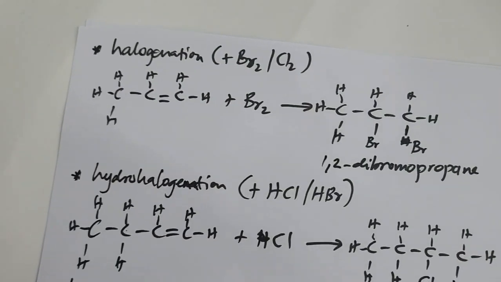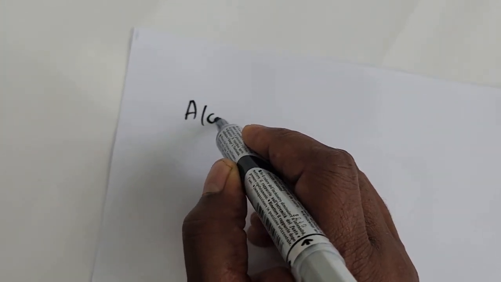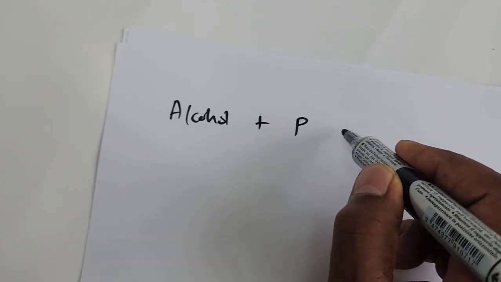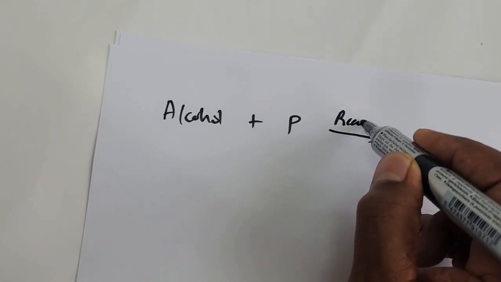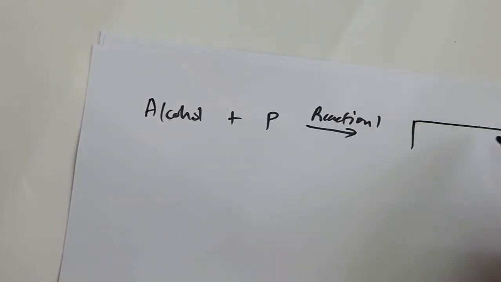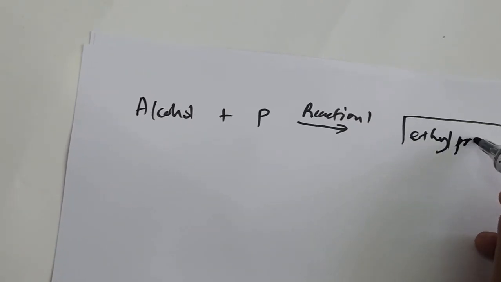So quickly I can draw one simple flow diagram here that we can analyze. Let's say, for example, I am given an alcohol plus compound P forming in reaction 1, and then it produces this one, ethyl propanoate.